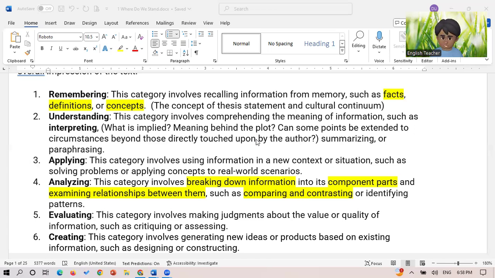See the word imply, I-M-P-L-Y. When you imply something, you don't say it directly, but people understand what you're trying to say. So that understanding is getting the meaning behind the lines, behind the word, behind the essay, behind the plot.